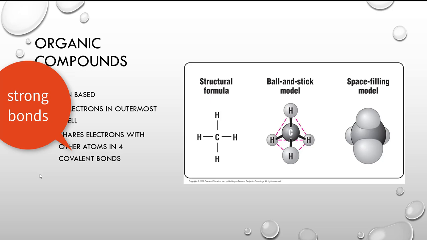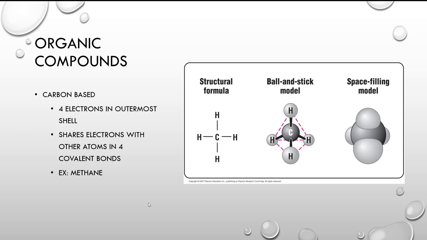And here's an example of an organic compound. This is methane. Methane, in this case, you can see has 1 carbon and 4 hydrogens. Each one of those hydrogens shares an electron with the carbon, so they are filling their outermost shells.